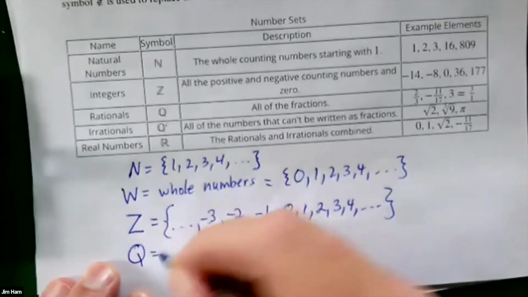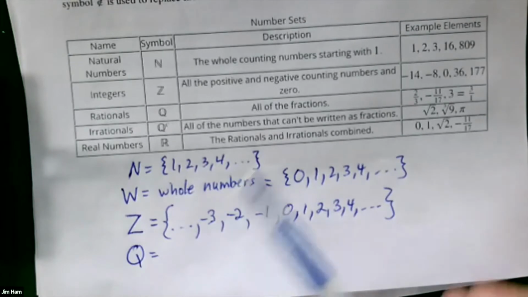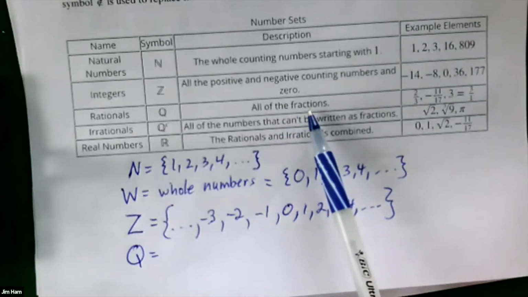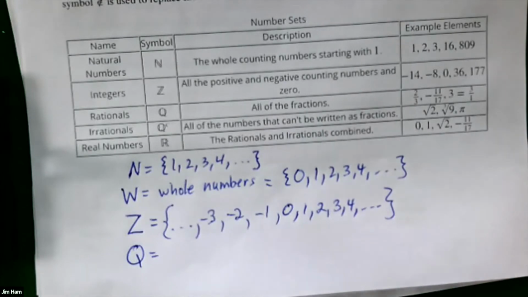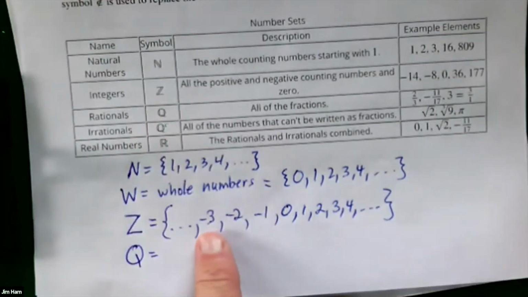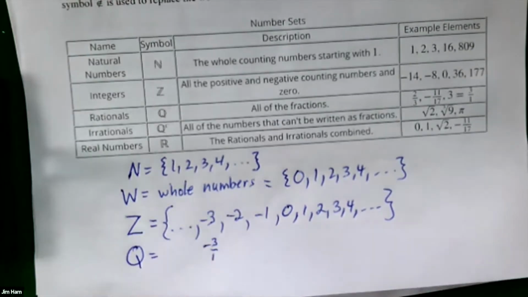Q is the set of rational numbers. Well, I don't know how to write these in roster form. So think about anything that can be written as a fraction. And you've got to expand your definition of a fraction, because fractions include all of the integers. So this number -3 here doesn't look like a fraction, but you can write it as a fraction if you write, say, -3/1.